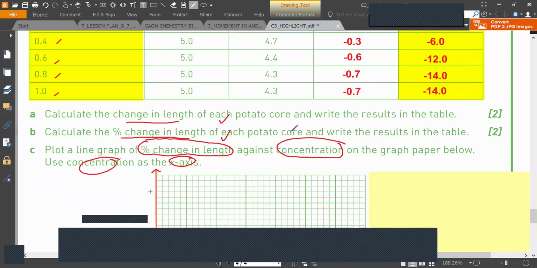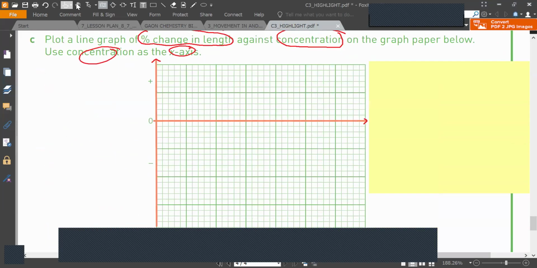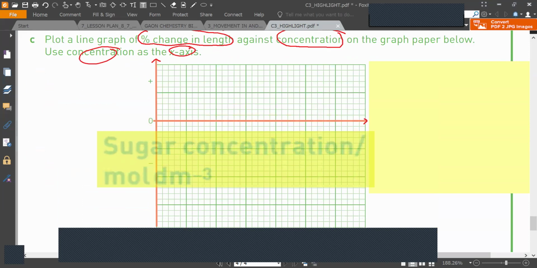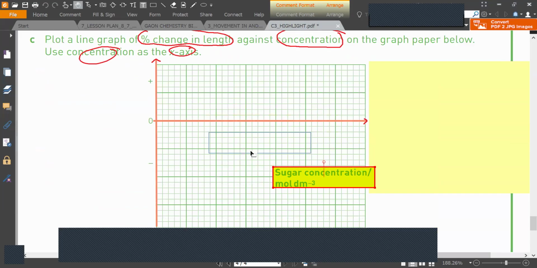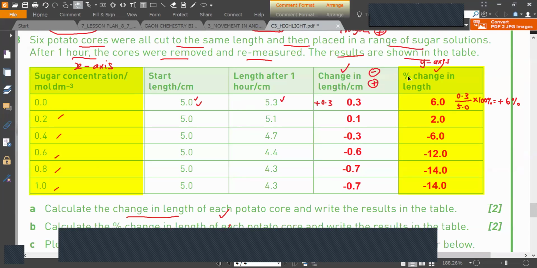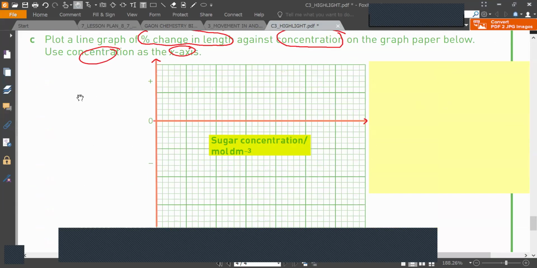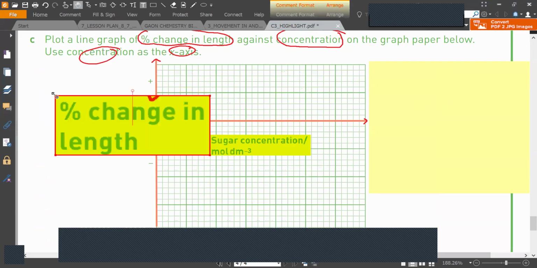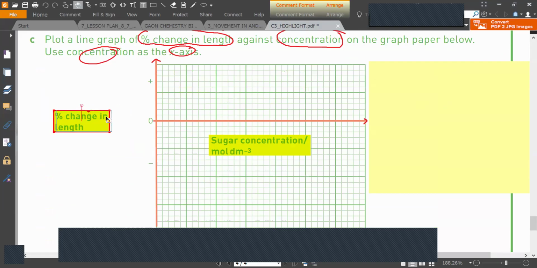The x-axis will be sugar concentration, mole per dm cube. We can put it somewhere here. And then the y-axis. If you are already very clear, I can skip it, but I will go through the steps.